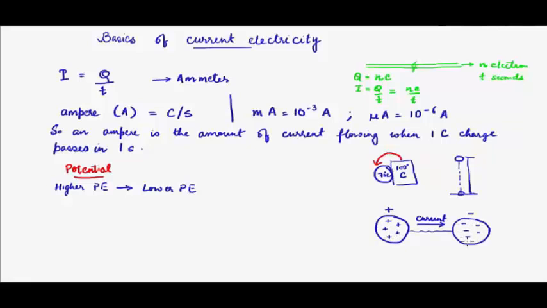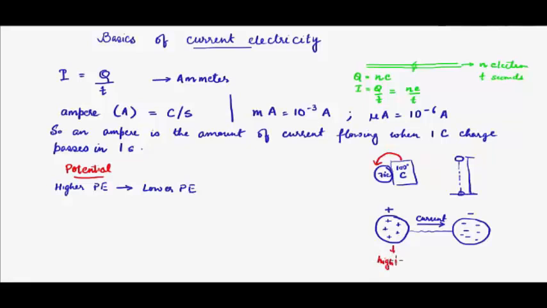Okay, this has negative charge. So we can say that this is at high potential energy or high potential and this is at low potential. Therefore, as we have already shown here, current will flow from high to low potential.